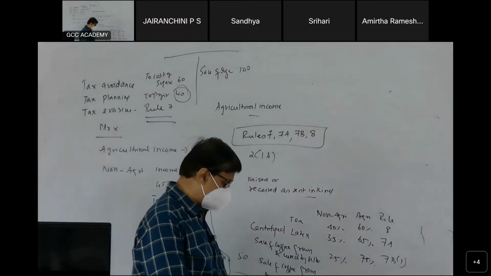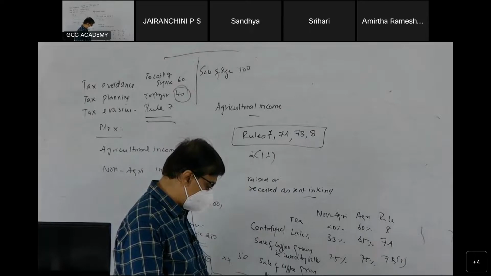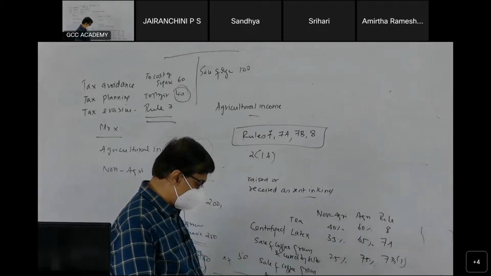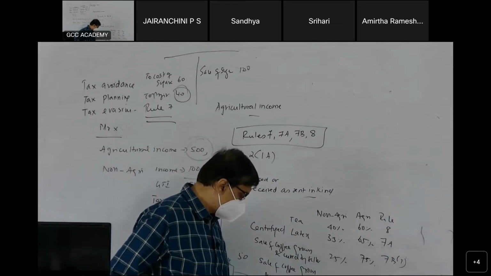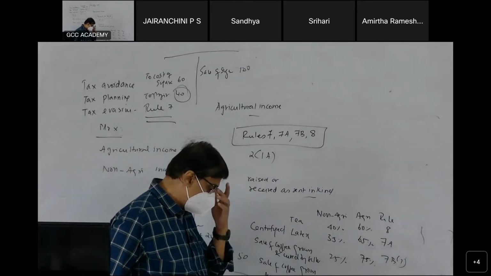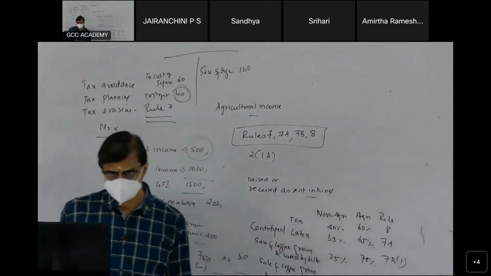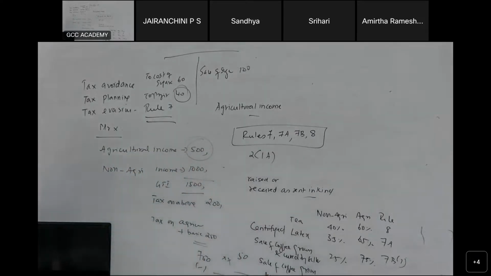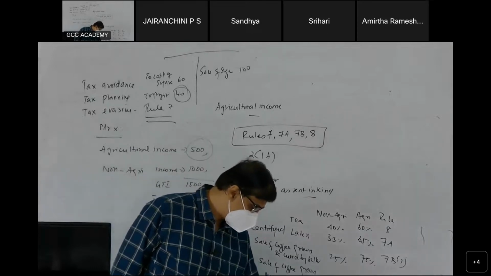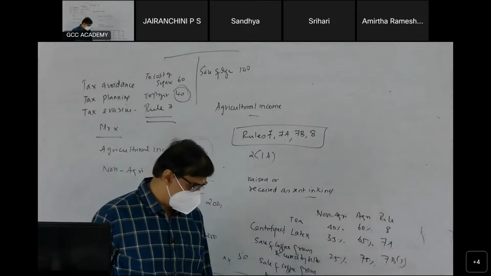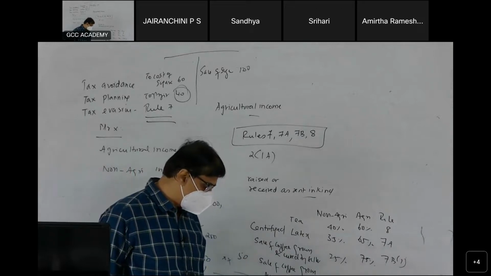The market value of any agricultural produce raised by the assessee or received as rent in kind, and utilized as a raw material in his business, is deducted.